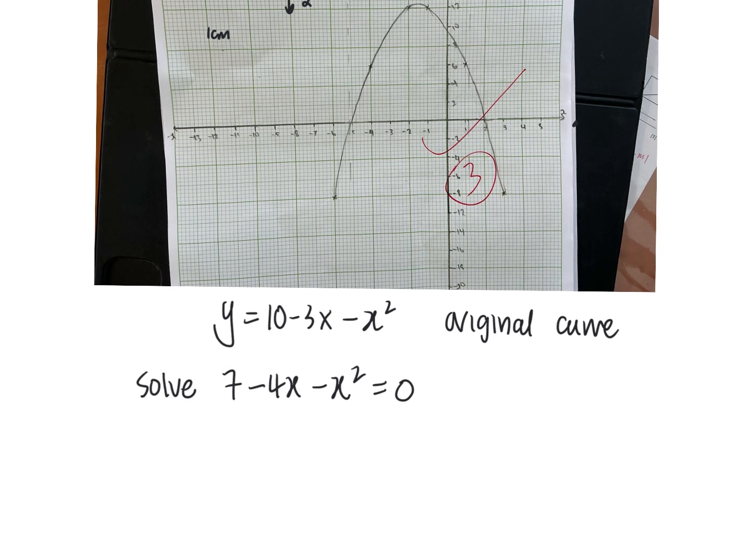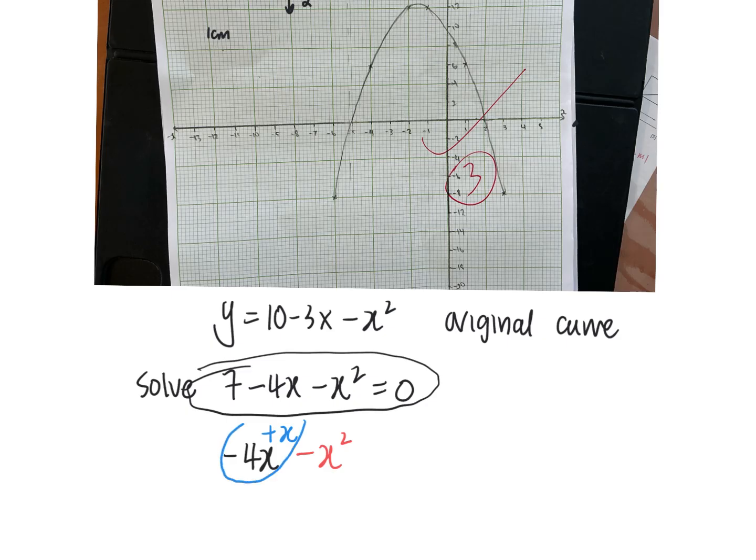They want my curve to intersect a line such that it solves this. So I need to tidy them up. I keep my minus x here. My minus 4x is not done yet. I need to add an x here so that I get minus 3x. I need them to be exactly my original curve.